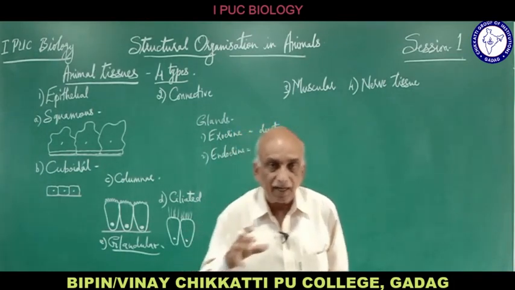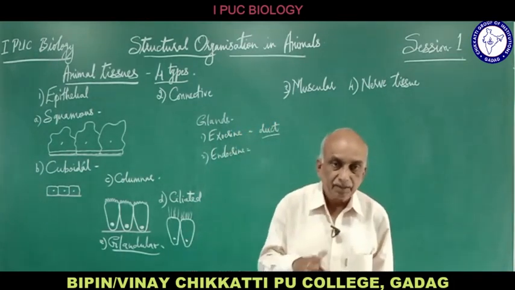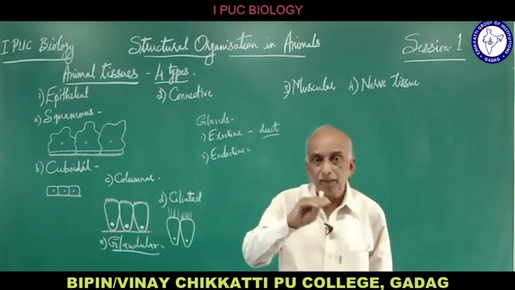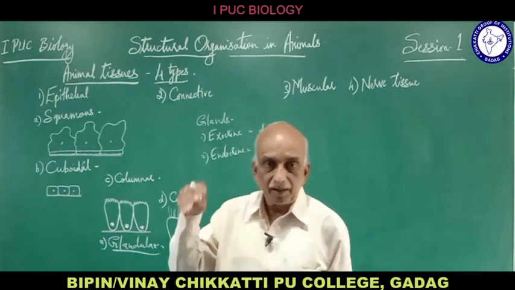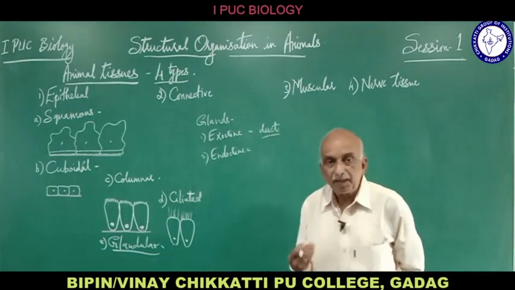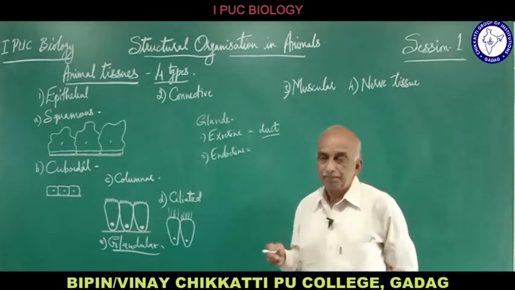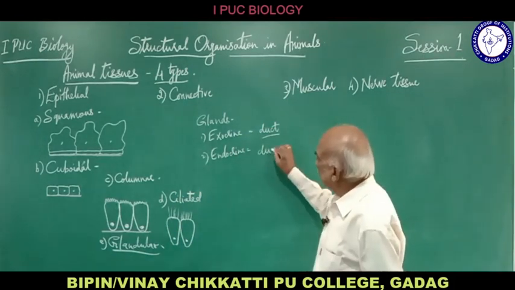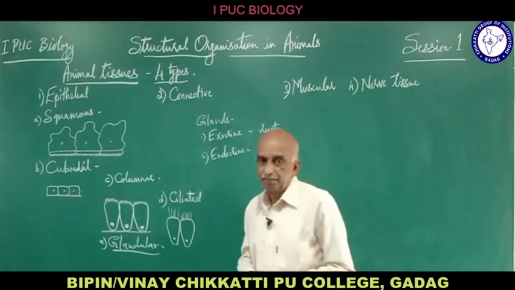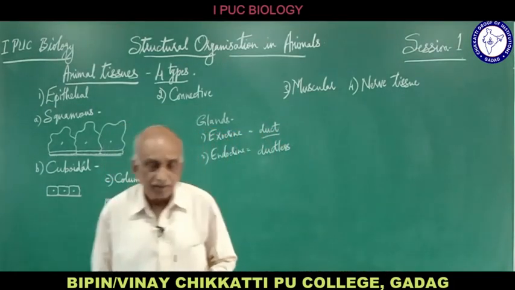As the gland is supplied with blood capillaries, whatever secretions the cells release will be poured into the surrounding blood capillaries, and in the blood the secretions are mixed. That is why these don't have ducts, and that is why they are called ductless glands.